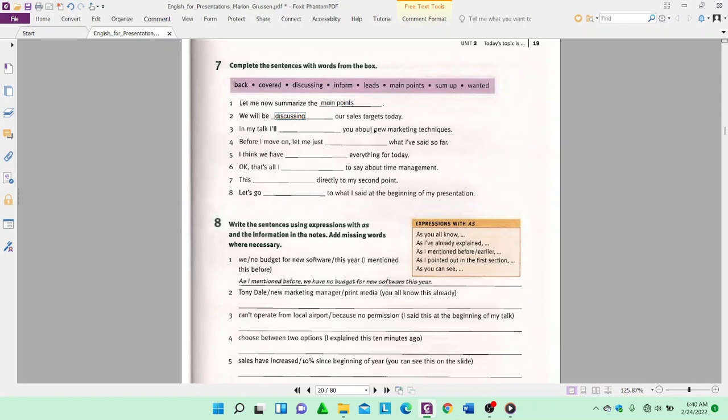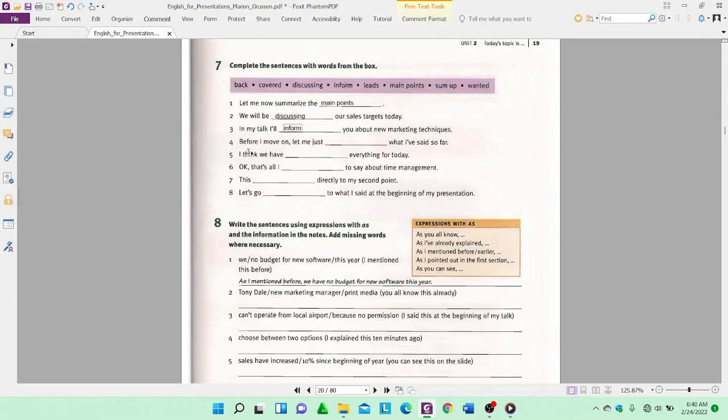Number 3. In my talk, I'll blank you about new marketing techniques. In my talk, I'll what? I think it must be inform. In my talk, I'll inform you about new marketing techniques.